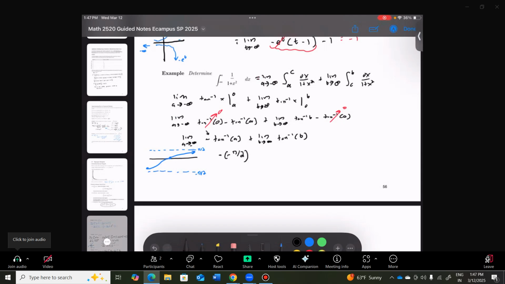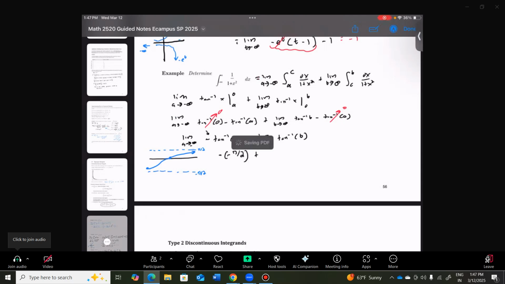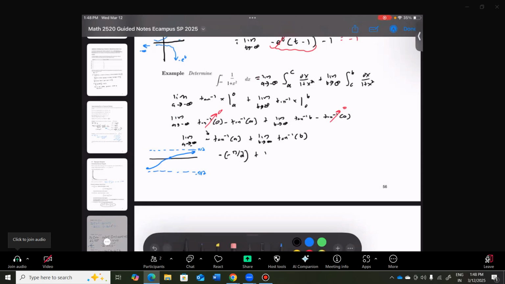That's the limit as a goes to negative infinity. And as b goes to infinity, inverse tangent goes to pi over 2, so we have a positive pi over 2. So we'll have pi over 2 plus pi over 2, which is equal to pi. Okay.